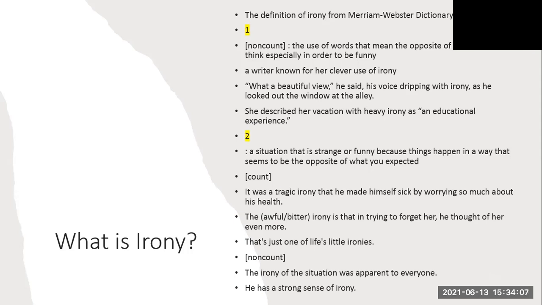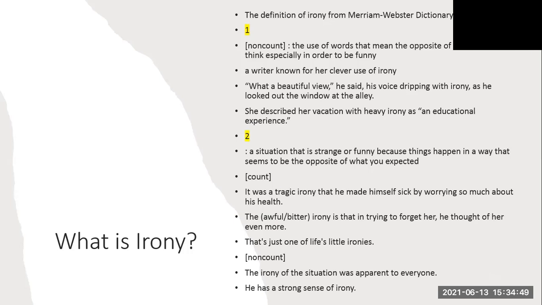Now, the second meaning is what I care about. A situation that is strange or funny because things happen in a way that seems to be the opposite of what you expected. And this is what happened in the story. The situation is very strange because what started as a romantic affair, and Bernice was even expecting William, the wife instead came and Bernice is totally disillusioned. So things are ending in a very unexpected way.